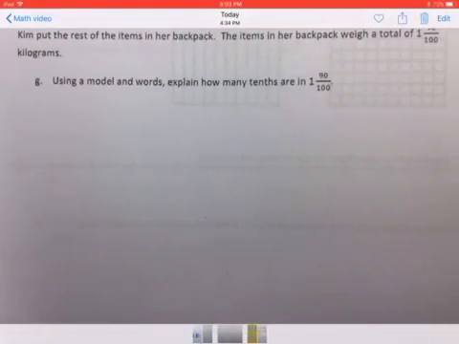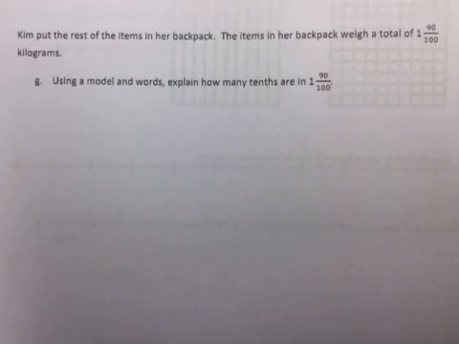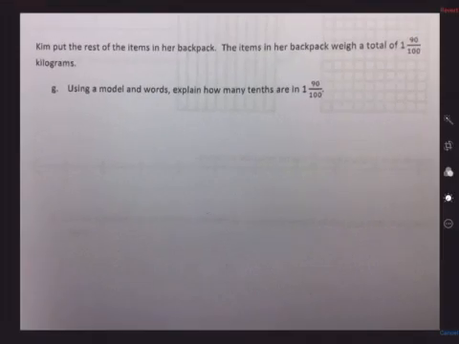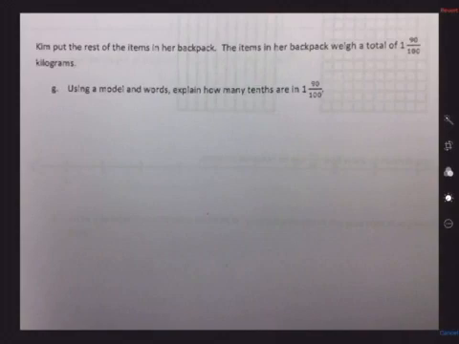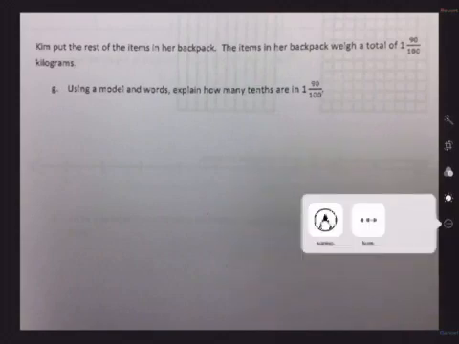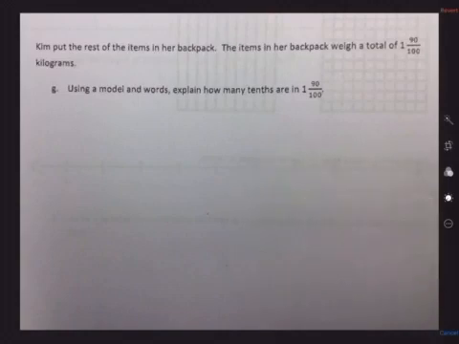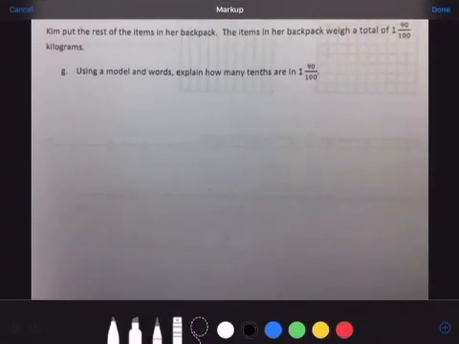Kim put the rest of the items in her backpack. The items in her backpack weigh a total of 1.90 kilograms. Using a model and words, explain how many tenths are in 1.90. So I have to draw some sort of picture and words.